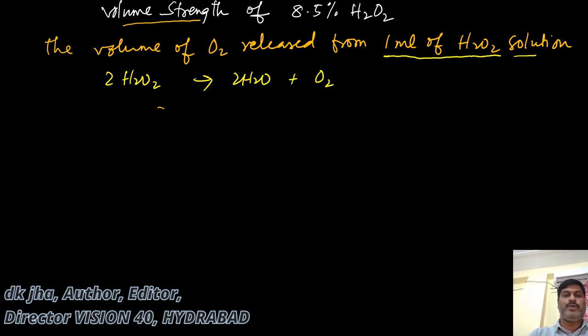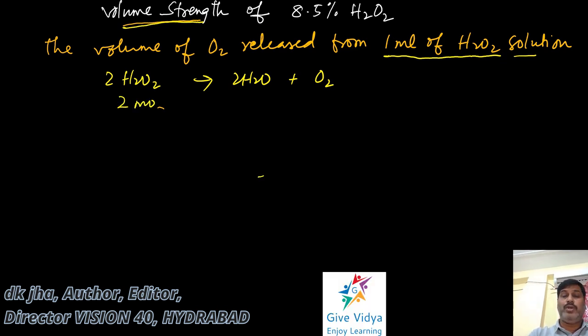This self decomposition of H2O2 is the source of oxygen, which has some bleaching action, that has some commercial significance, and for that its unique measurement method is this volume strength, right? So understand some numerically also, that here 2 moles of H2O2 gives 1 mole of O2.